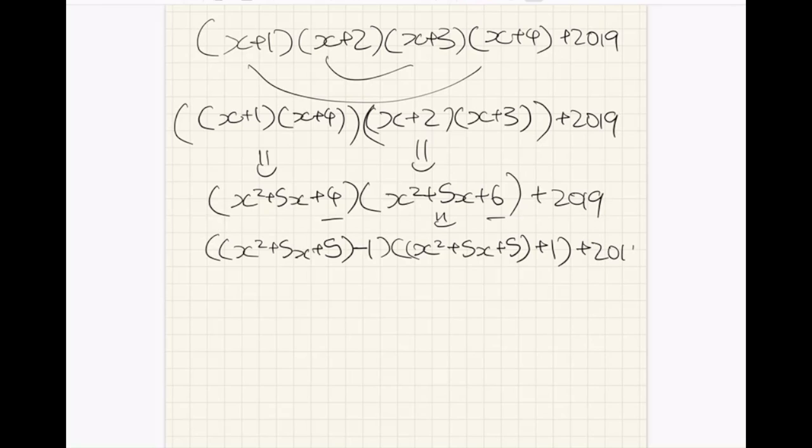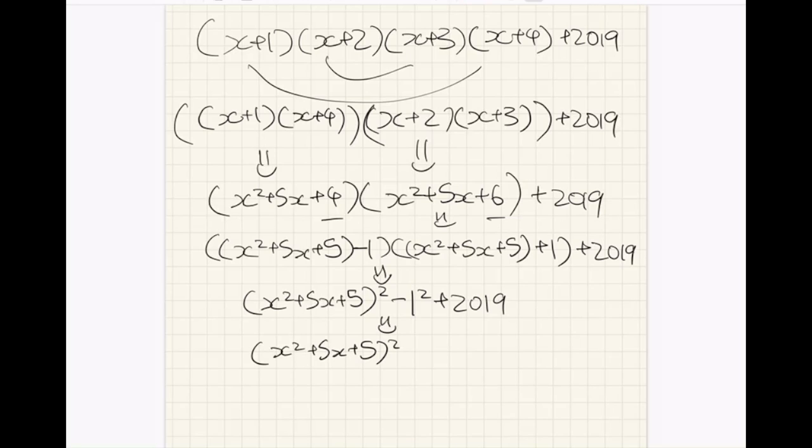By difference of squares, we see that this is actually (x² + 5x + 5)² minus 1², and then plus 2019, which is the same as (x² + 5x + 5)² plus 2018.